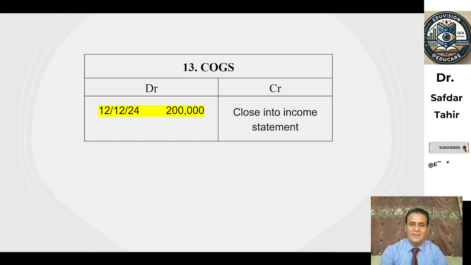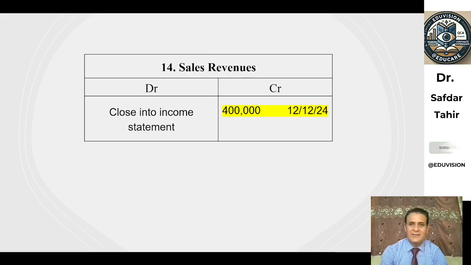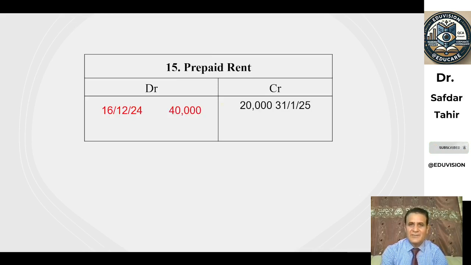The cost of goods sold account shows a debit balance of 2 lakh. This account is closed to the income statement, so we cut it here and paste it in the income statement. Similarly, sales revenue of 4 lakh we cut here and paste in the income statement.